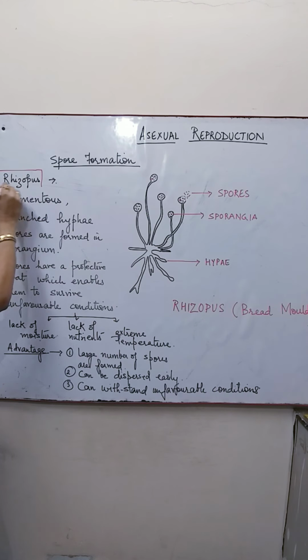It's a very common example to demonstrate asexual reproduction, and the reproduction method in this is by the formation of spores. Now, when we see the structure of the rhizopus or the bread mold, it is a filamentous structure and it has branched hyphae.